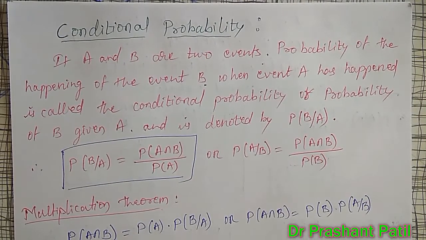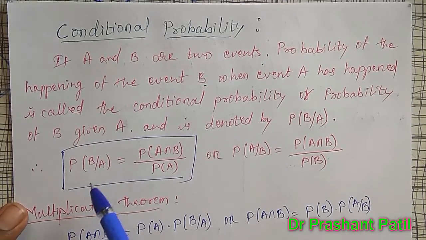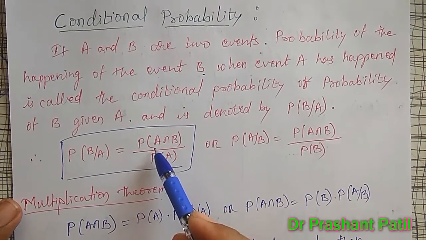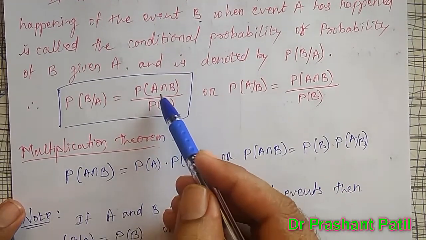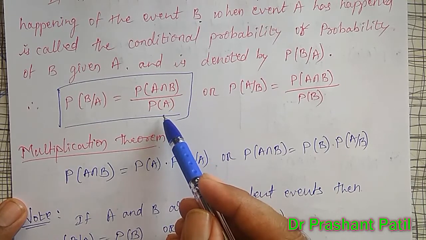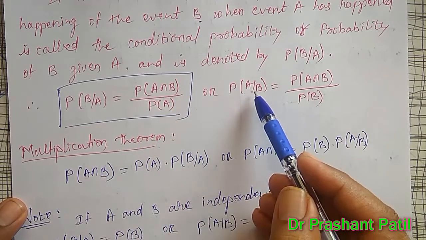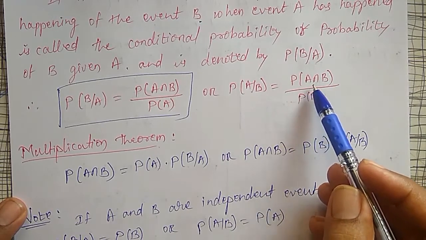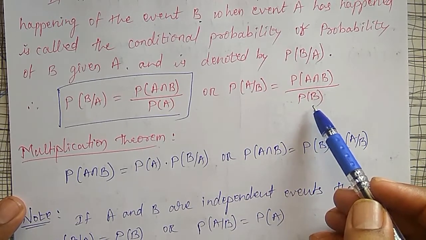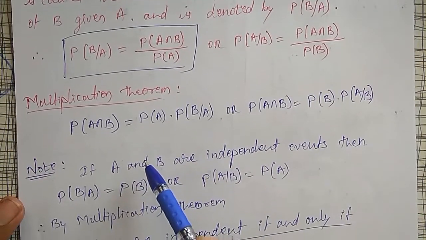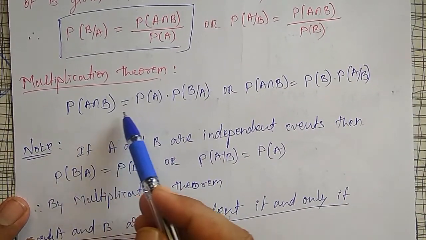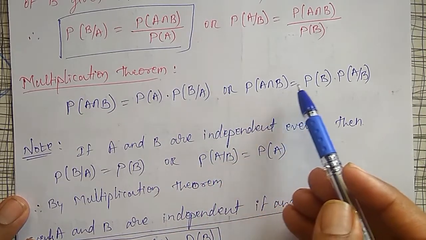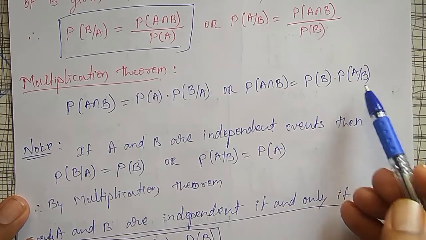Conditional probability, probability of B relative to A, or B given A, is defined to be probability of A intersection B divided by probability of A, or probability of A given B is also defined by probability of A intersection B divided by probability of B. Using the multiplication theorem I can write probability of A intersection B is equal to probability of A into probability of B relative to A, or probability of A intersection B equal to probability of B into probability of A relative to B.